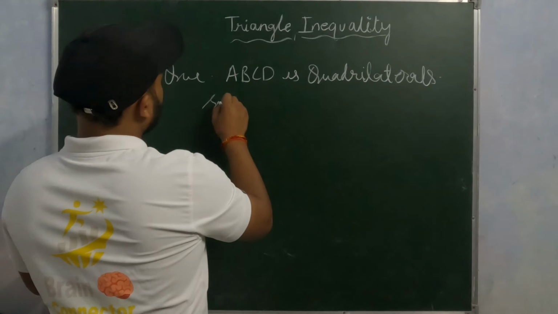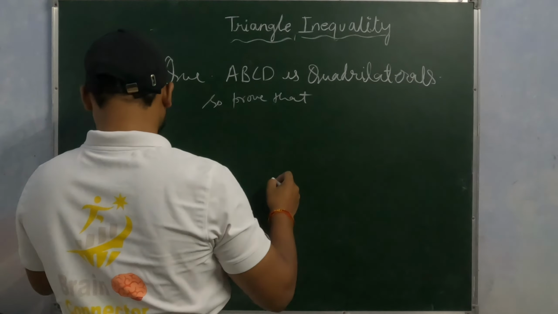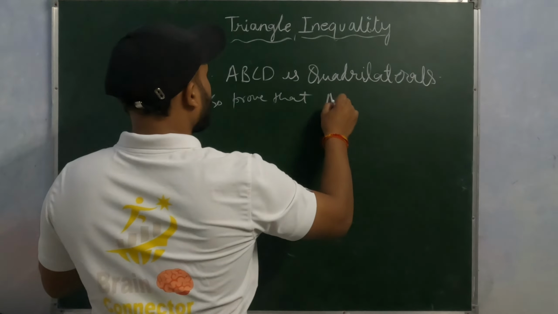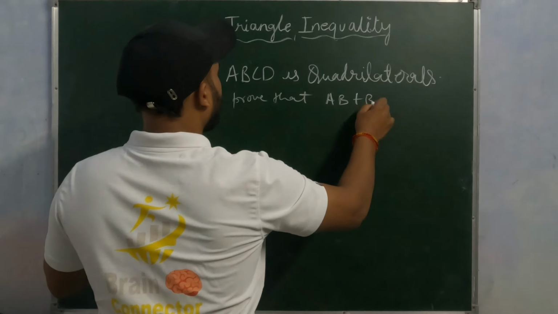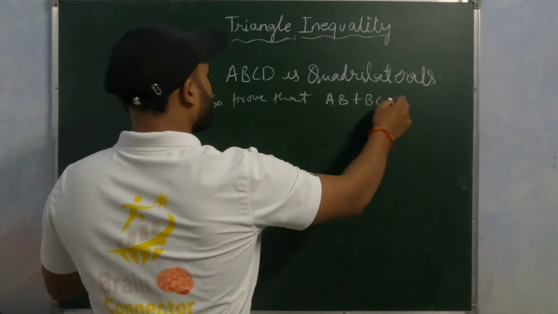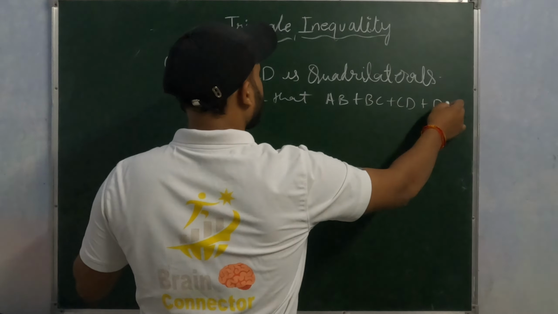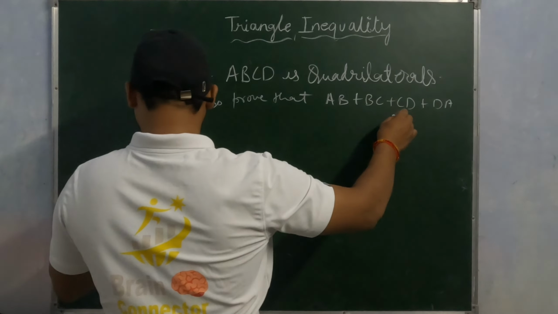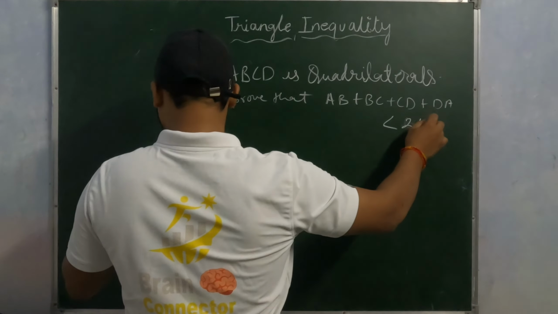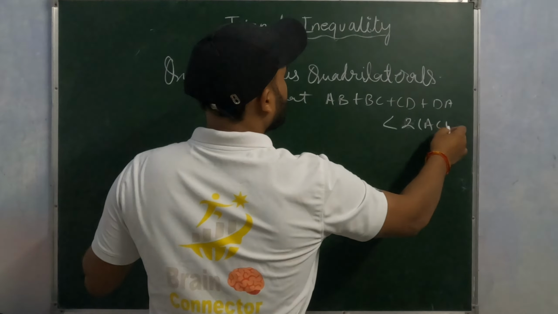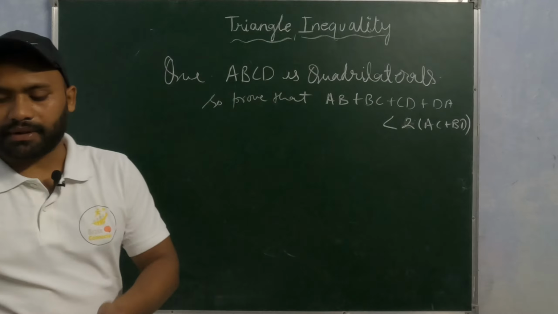Prove that AB plus BC plus CD plus DA will be greater than 2 AC plus BD. Okay, so we have to prove this.